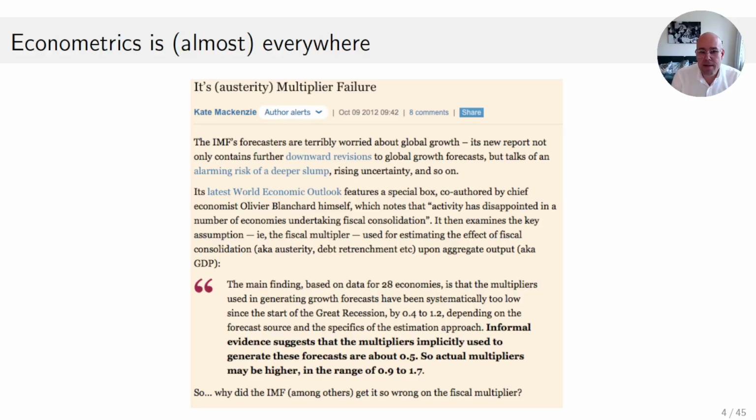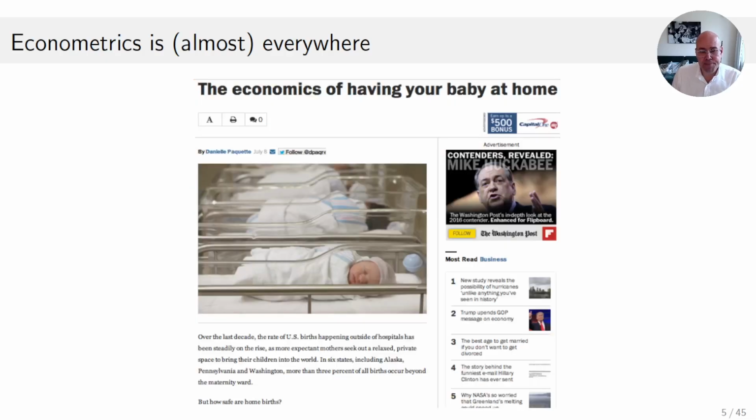The second example is about multipliers that you might know from macroeconomic models, and what one may want to do is to measure these multipliers in order to make better predictions and in order to judge whether government spending should, for instance, increase.